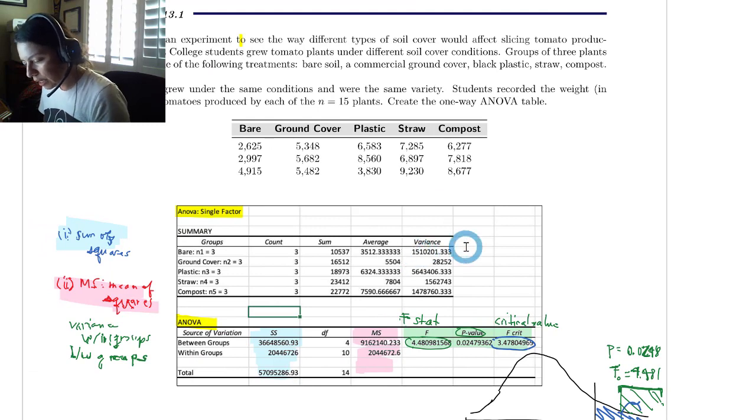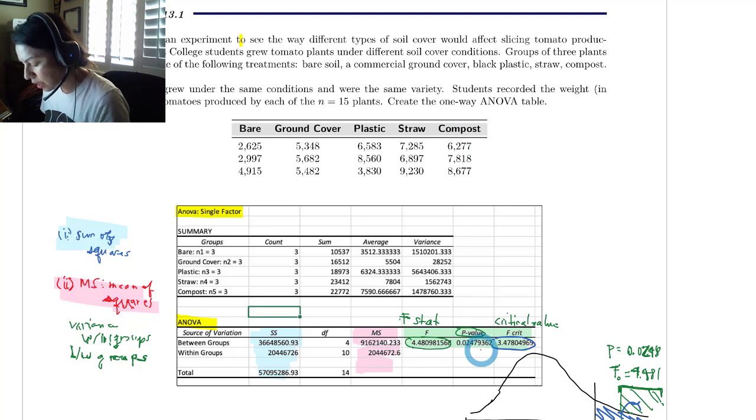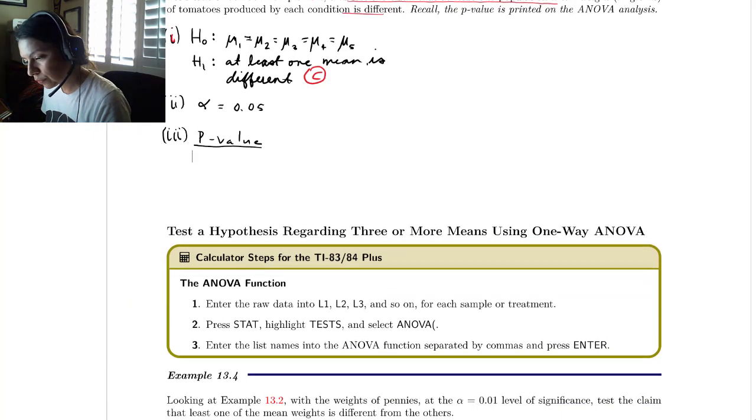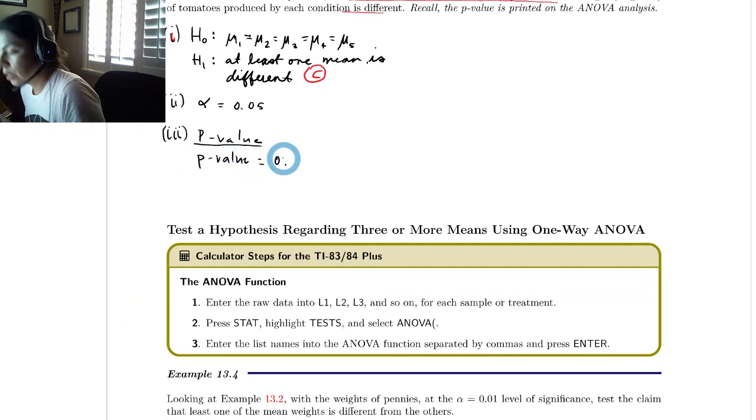Okay, so here's the tomato plants in the 5 different types of coverings, and we saw that the p-value was 0.02479. Okay, so the p-value from the other page was equal to 0.02479.